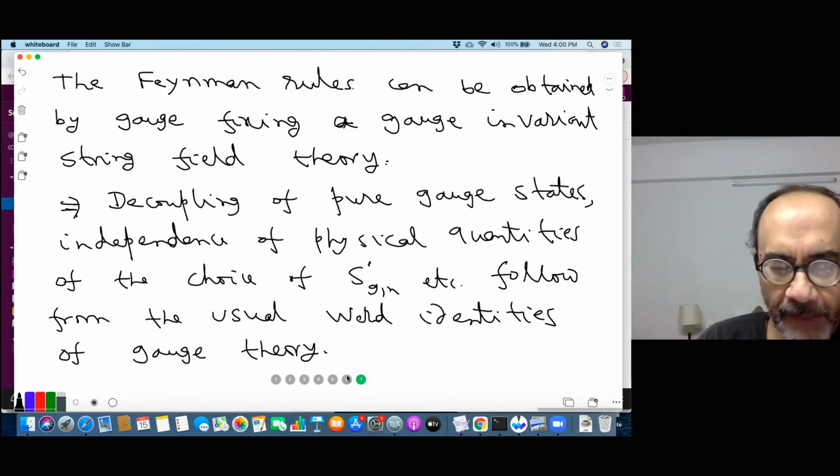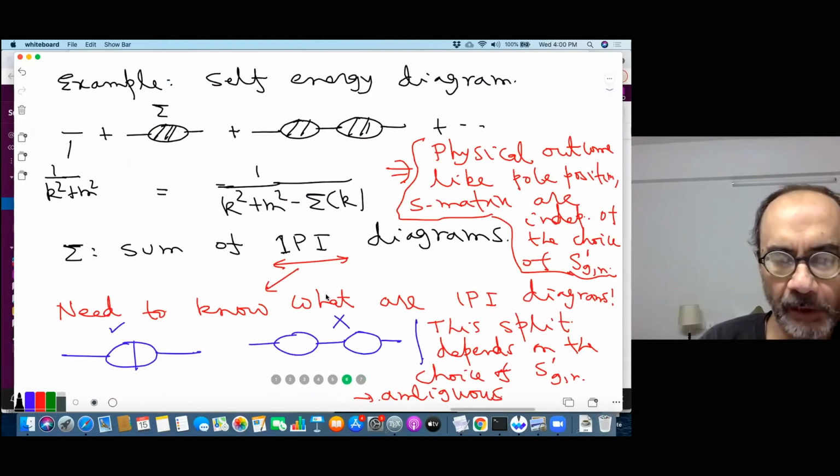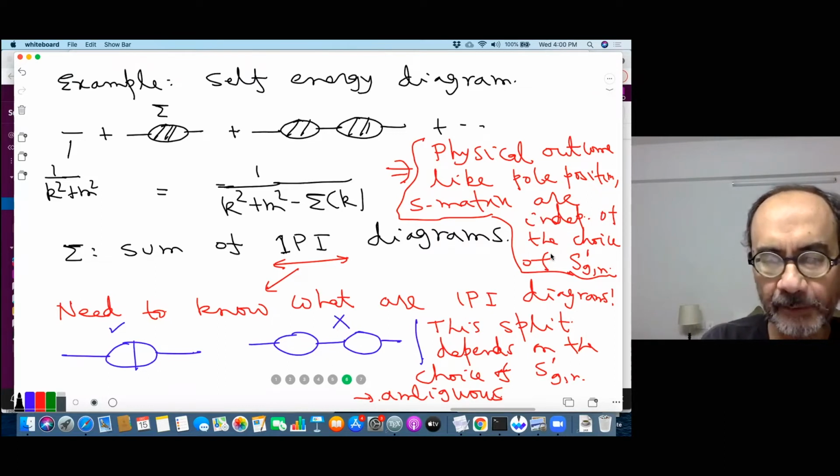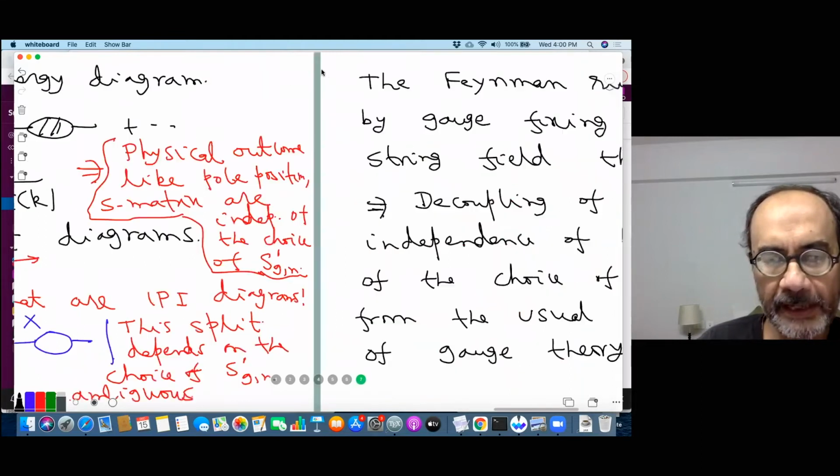And you will find that when you follow this procedure and do the computation, at the end, all physical quantities become independent of the choice of S prime Gn. The pure gauge states decouple and so on. But the simplest explanation of that can be given in terms of the Ward identities of an underlying gauge theory.